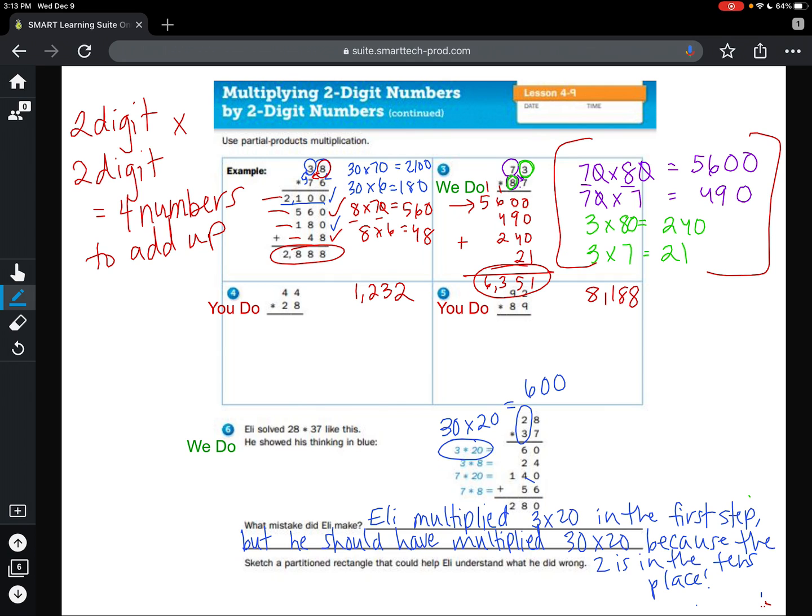Now it says, sketch a partitioned rectangle that could help Eli understand what he did wrong. So if I'm going to draw my rectangle, I'm going to split it up into, my 37 will be into 30 and 7.